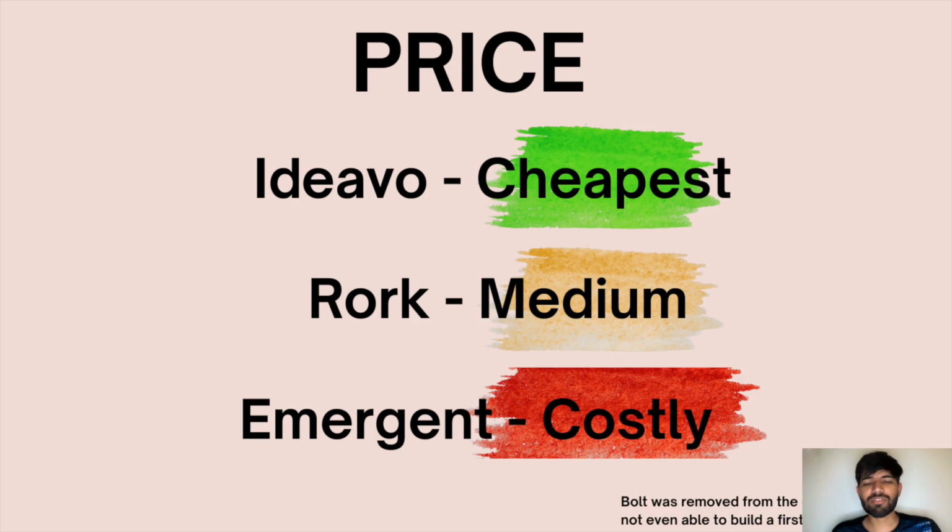When we used the best model, that is the Sonnet model, Rork consumed around 20% of available free credits and Emergent used nearly 80% of free credits. Since there is no direct correlation between the token usage and actual pricing, we evaluated cost based on the proportion of free credits consumed. And based on this metric, Ideavo was the cheapest, Bolt was the most expensive, Rork ranked second, and Emergent ranked third in terms of cost efficiency.